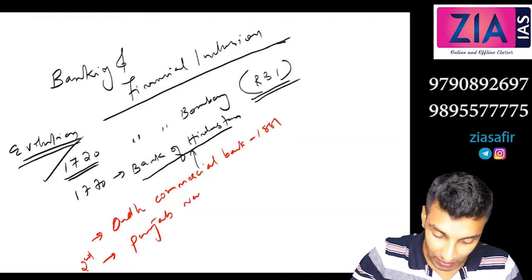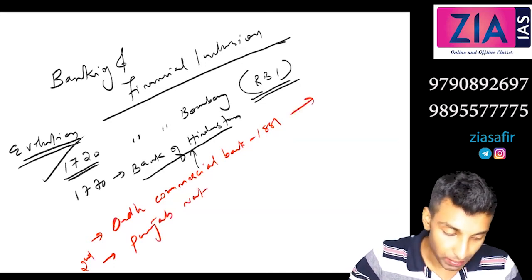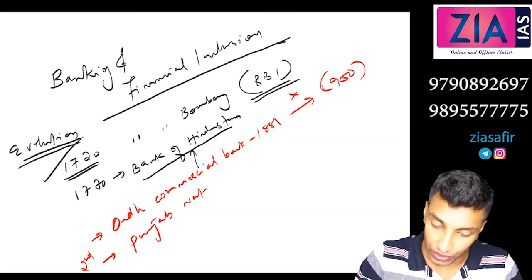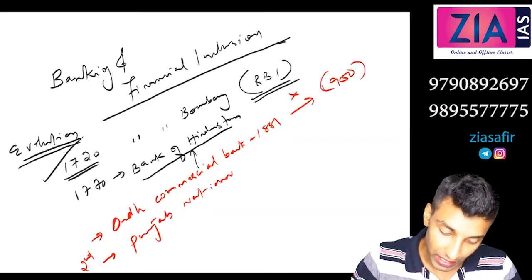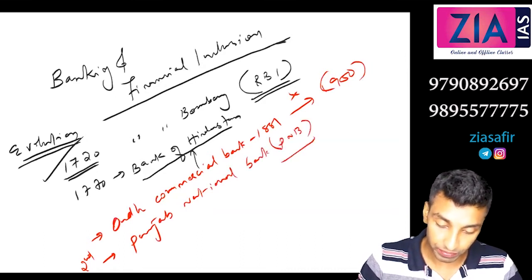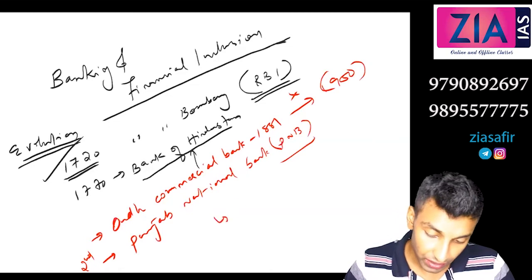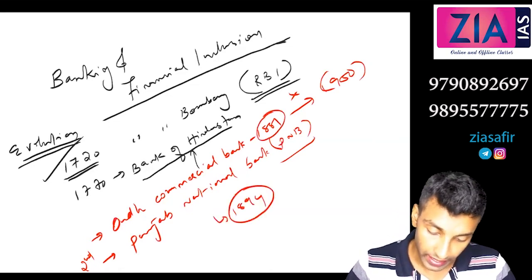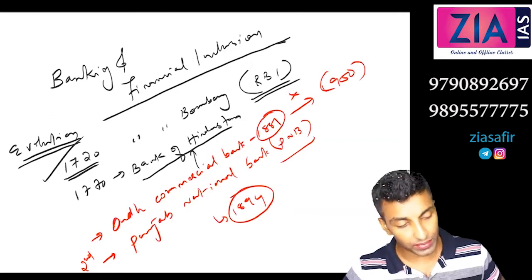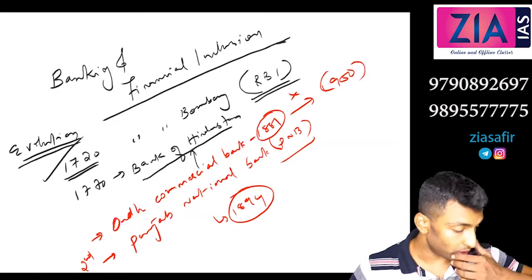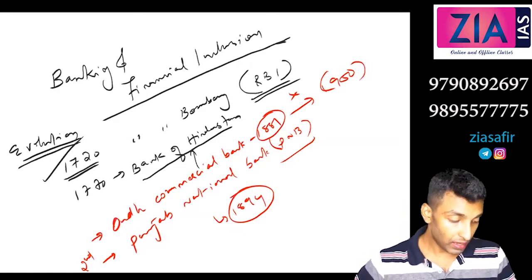This Oudh Commercial Bank actually closed, wound up in 1950, so we are not discussing it. Punjab National Bank is the second bank. Which year? 1894. This one 1881, this is 1894. Sometimes you may be asked to chronologically arrange, so you should know the years also.